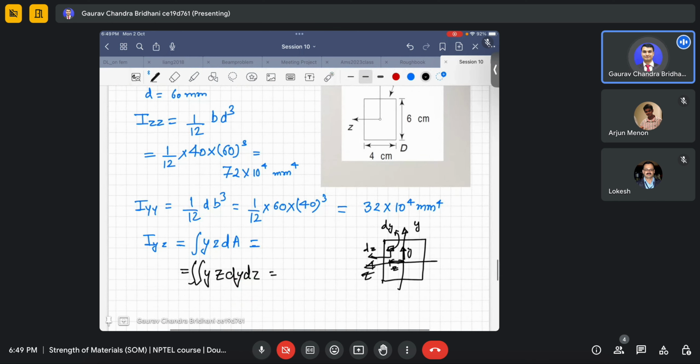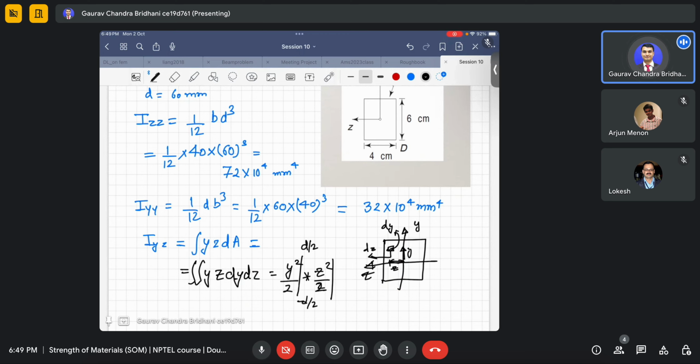Now it becomes y square by 2 into z square by 2. Now I have to put the limits of integration. For y, how is y varying? Minus d by 2 to plus d by 2.